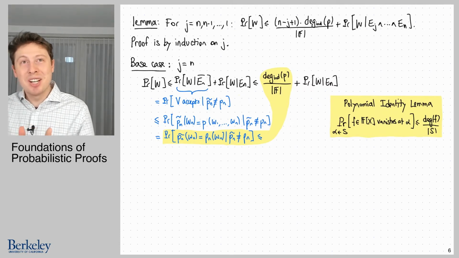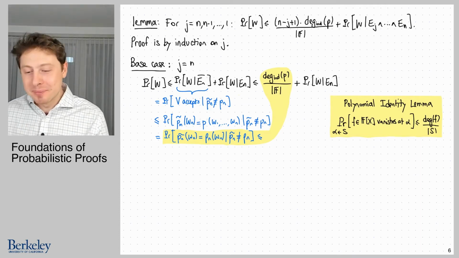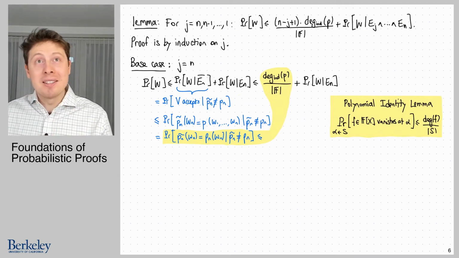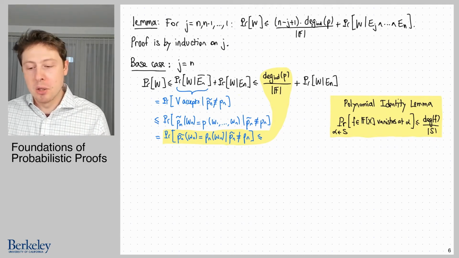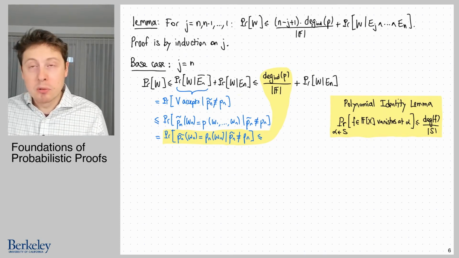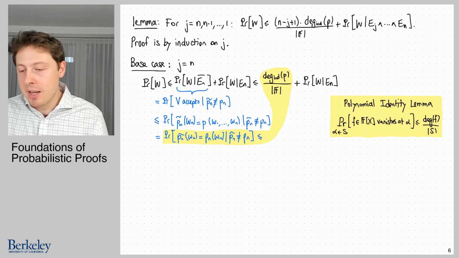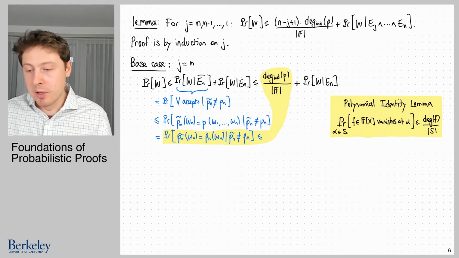Because it's just saying that a univariate polynomial over a finite field has at most a number of roots that equals its degree. So it just cannot vanish in too many places. So if you pick a random place to evaluate it at, then look, in the worst case, all the roots of the polynomial are inside S, and there are only so many, right? So there just cannot be too many anyways.